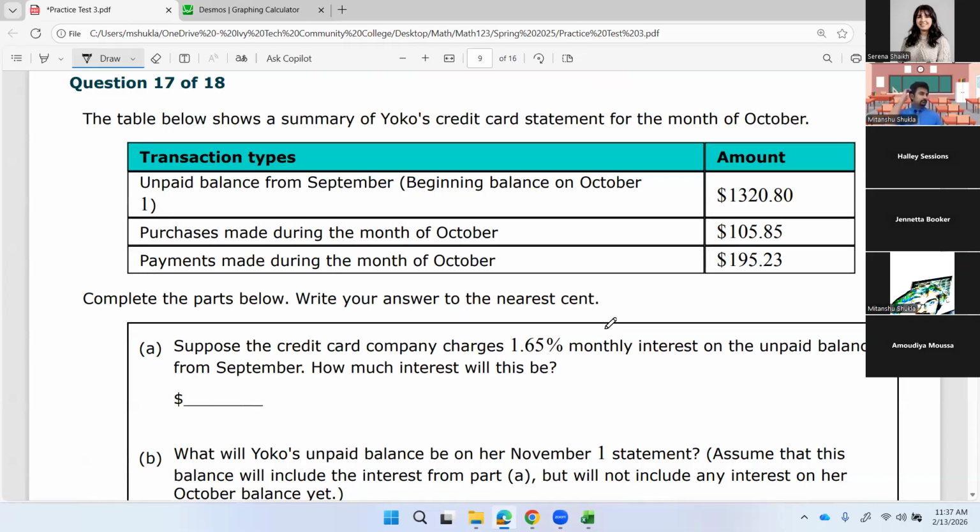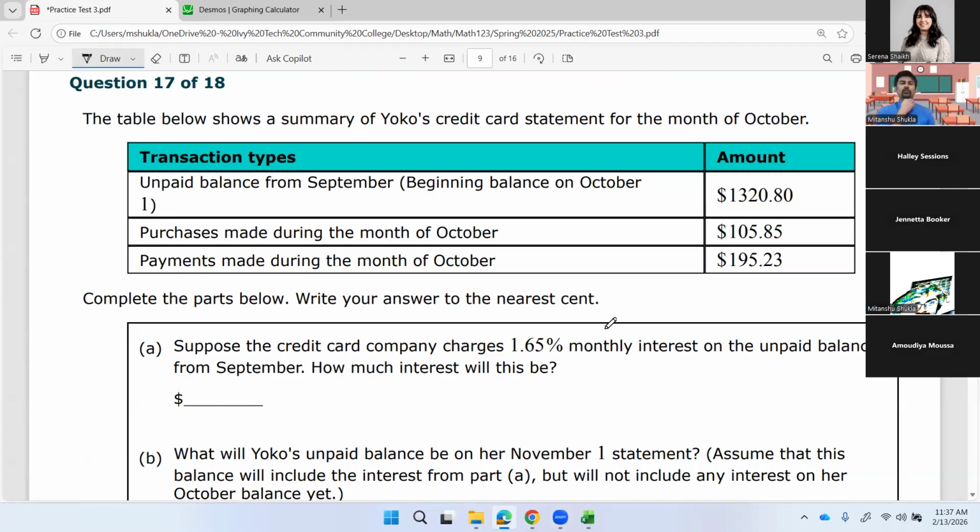Credit cards. So the table below shows the credit card statement for the month of October. Suppose that a credit card company charges 1.65% monthly interest on the unpaid balance. Okay. This is a monthly interest. This does not say annual percentage.